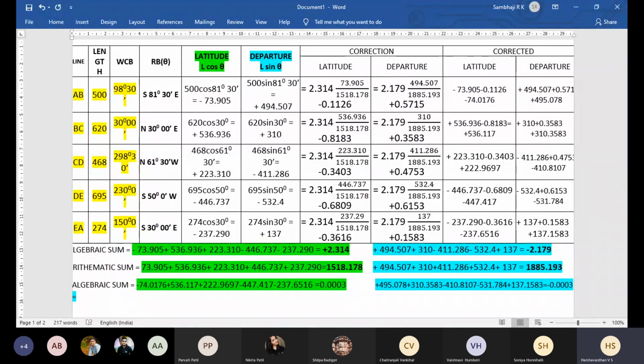So this is also negligible, almost equal to 0. So we have corrected the closing error, or we have balanced the traverse. So this completes the chapter of traversing.